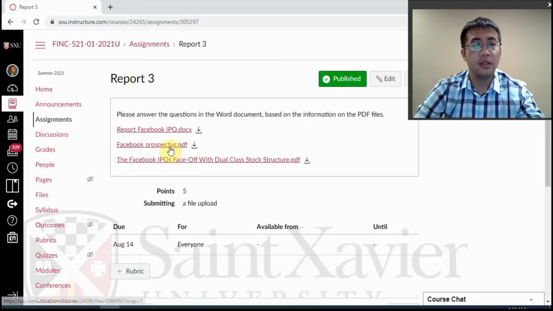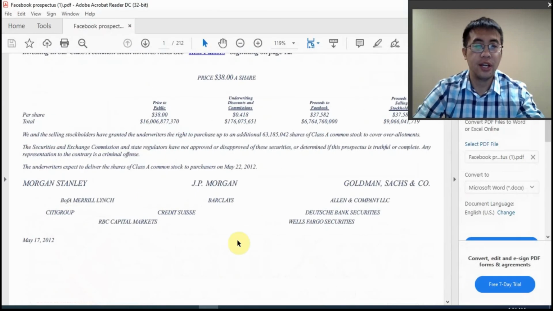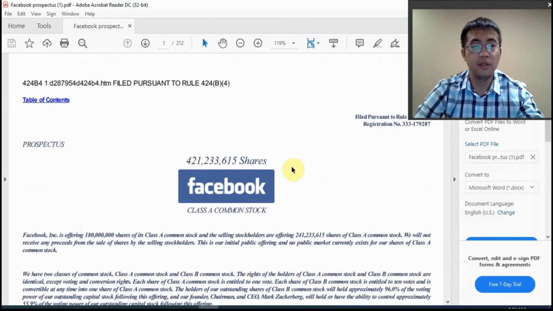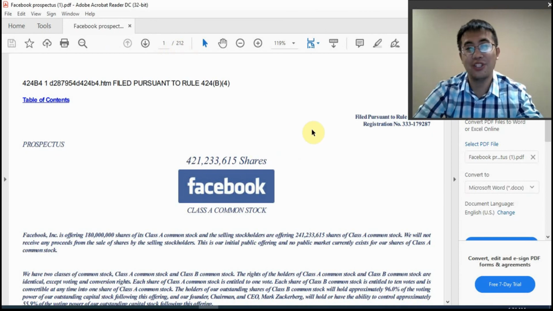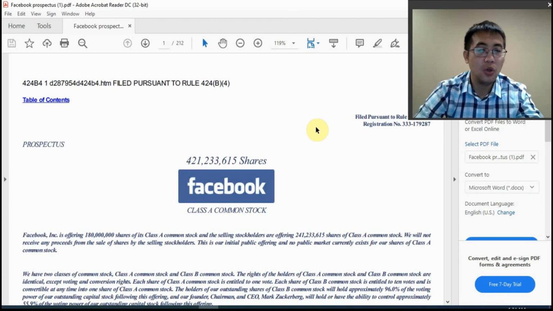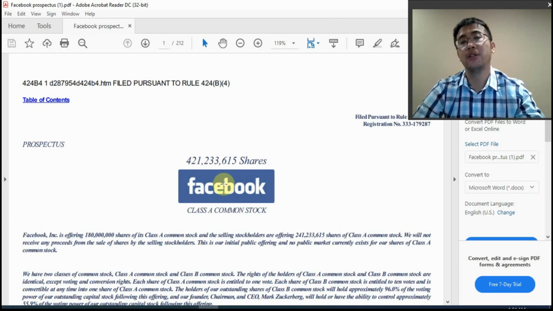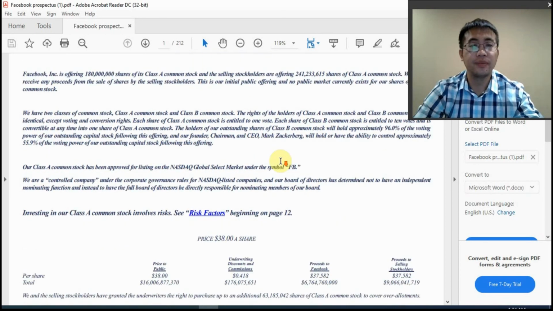Okay, and the second document is the S1 form, the IPO prospectus. You're going to check it. So right here is the file. It has 212 pages, but you don't have to go through all of them. You just need to extract the useful information here. So this is the company's name, and here is the number of shares outstanding.